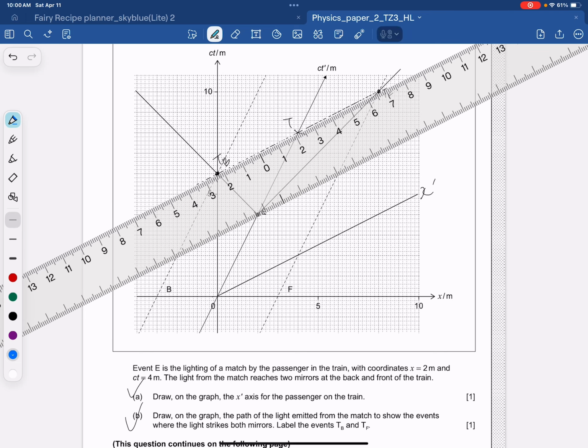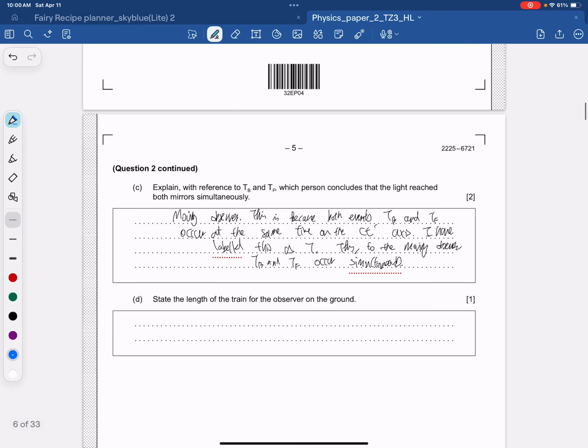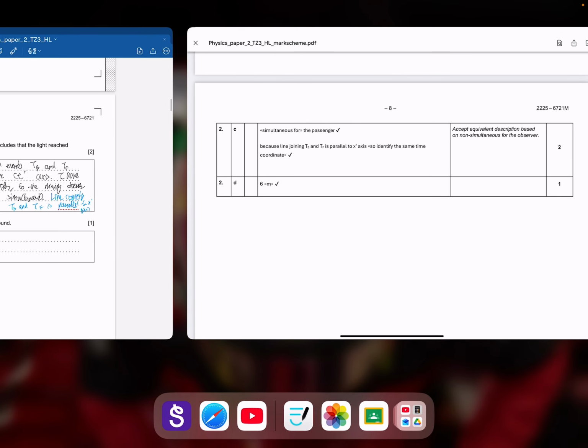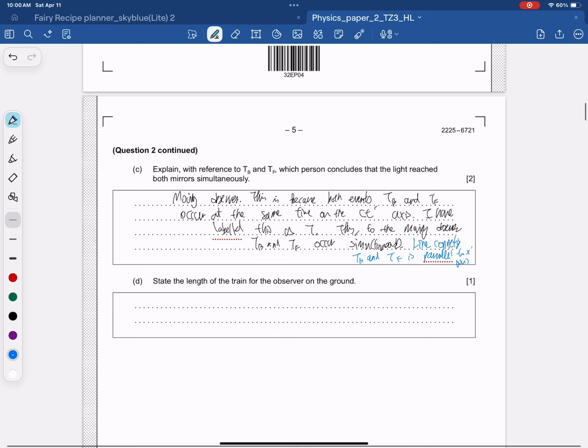I think you have to write that down. So: the line connecting TB and TF is parallel to the x primed axis. Is that it? Yeah, then you get 2 marks. What I wrote initially will only get you 1 mark.